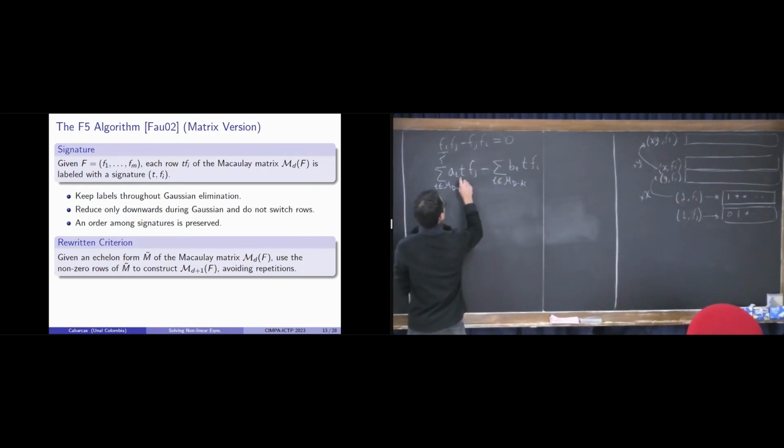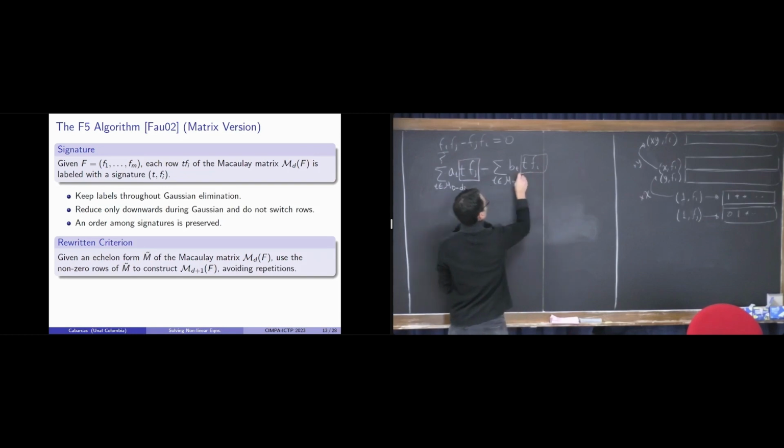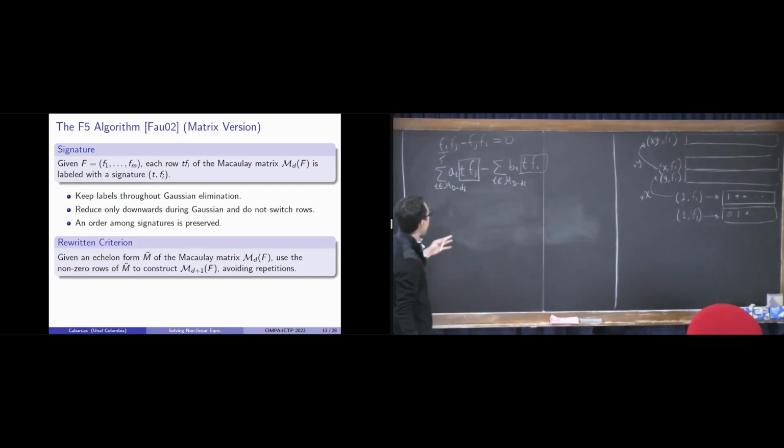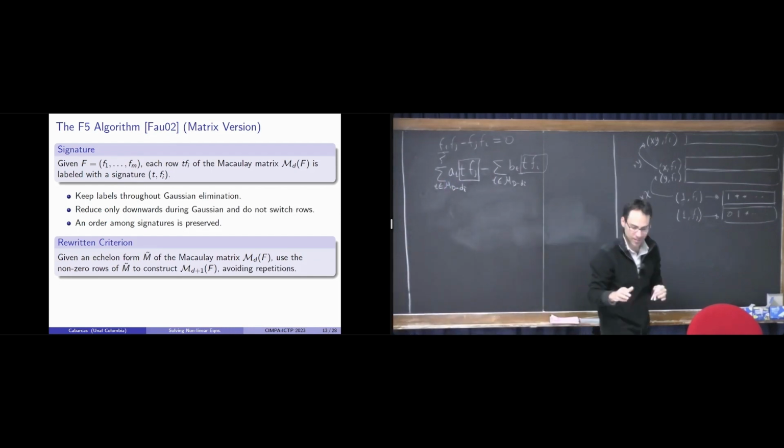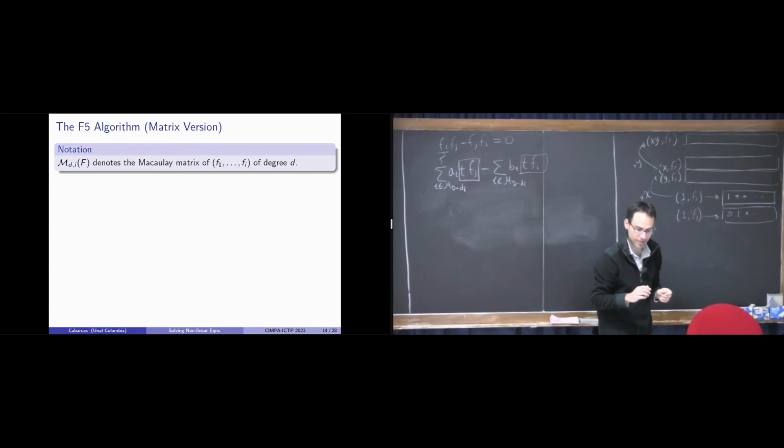Each of these things here corresponds to a row in the Macaulay matrix. And what we want is a systematic criterion to remove one of those from the Macaulay matrix. And that's exactly what the F5 criterion does.